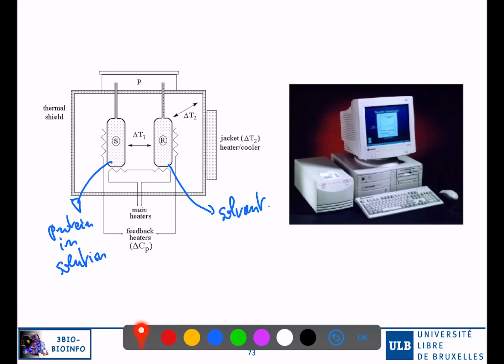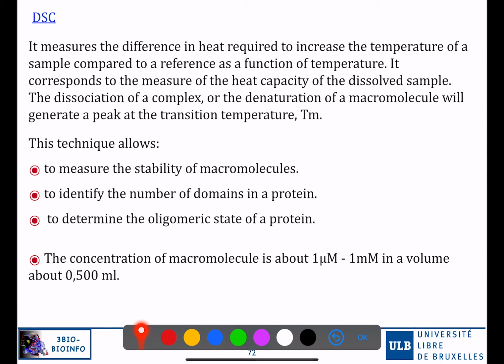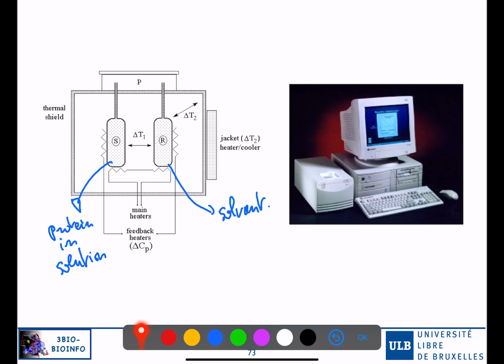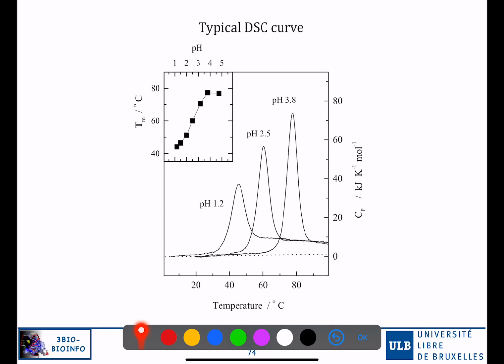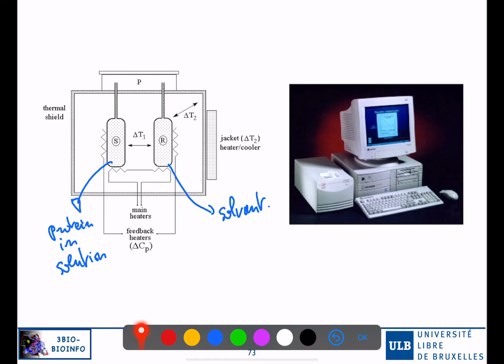And here, what you will do, as explained here, you will measure the difference in heat that is required to increase the temperature of the sample compared to a reference as a function of temperature. So you measure the difference in heat between the two cells, to increase the two cells by the same temperature.